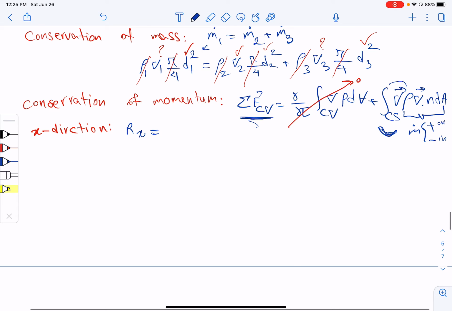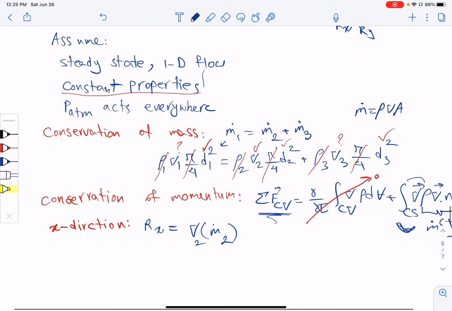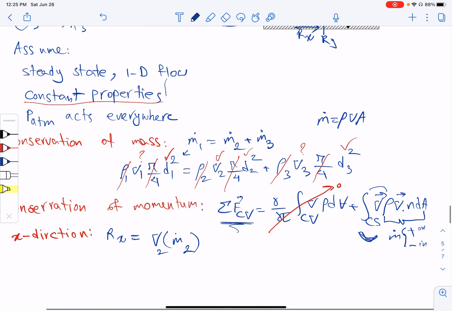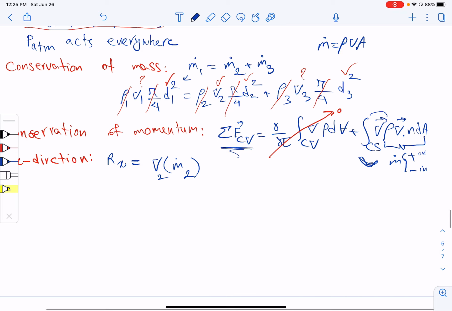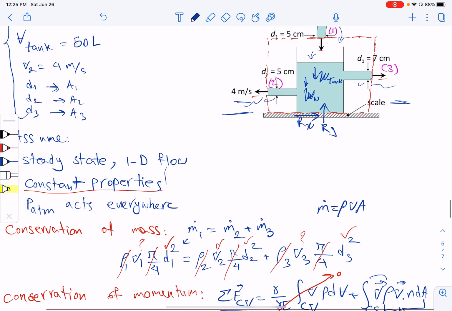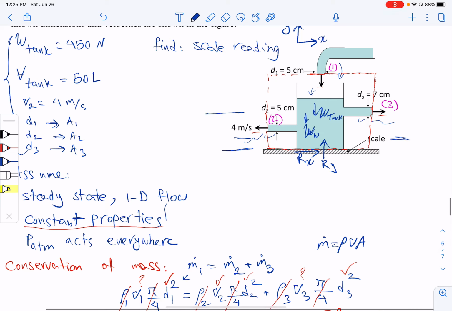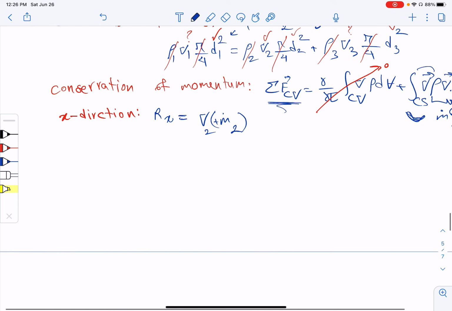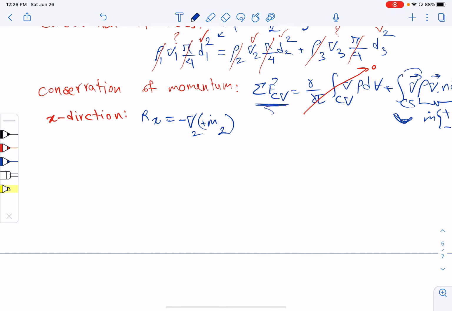So let's write down V2 m dot 2. Let's see what the signs are for them. m dot 2 is going out, so it's going to be positive. And V2 is in this direction, which is opposite of the positive x direction, so we have a negative sign here. And then we have V3 m dot 3.